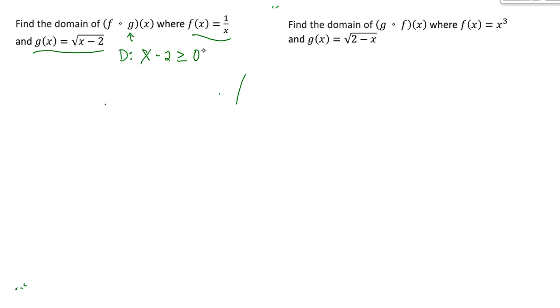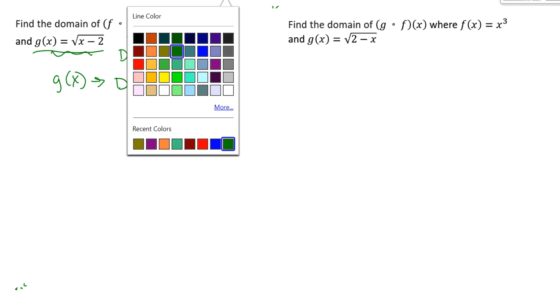It's okay for it to be equal to 0 this time because the g is not in a denominator right now. So for g of x, the domain is x greater than or equal to 2. Okay, set that aside for a minute.